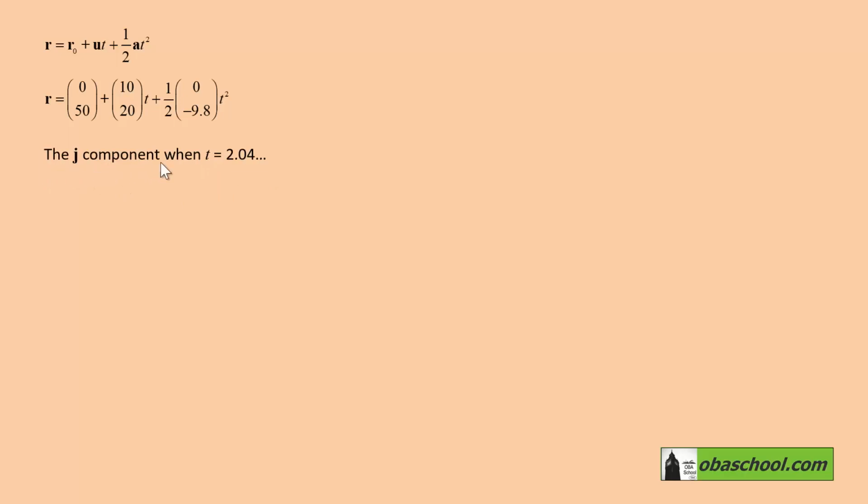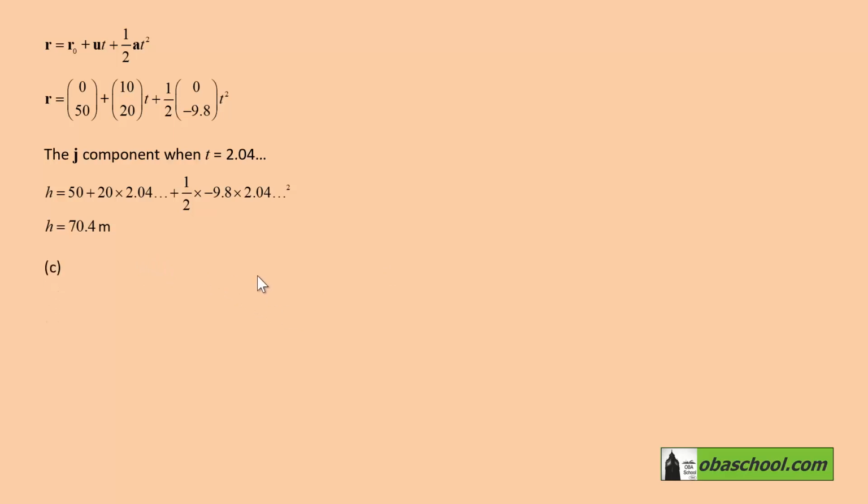The j component, when t is 2.04 and so on, would be 50 plus 20 times 2.04 and so on, plus a half times negative 9.8 times 2.04 and so on squared. And calculating that, we get 70.4 meters.